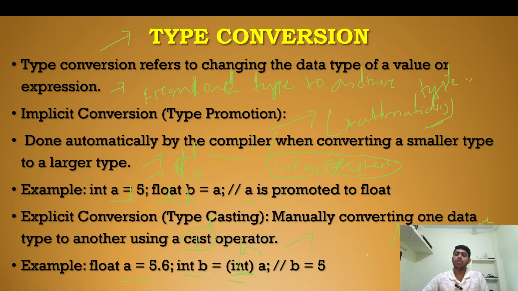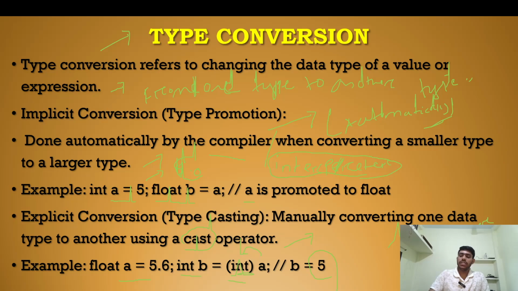This is explicit type conversion, otherwise called typecasting. That means changing from one data type to another data type through the help of the programmer or user itself. We can take the cast operator, and from which data type to which data type we want to convert, directly we can give. Clear my point?